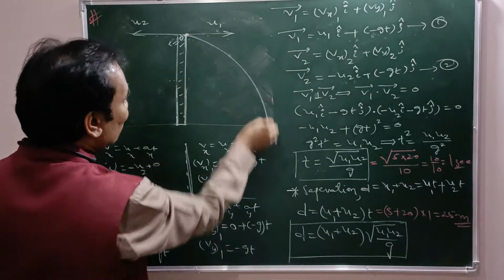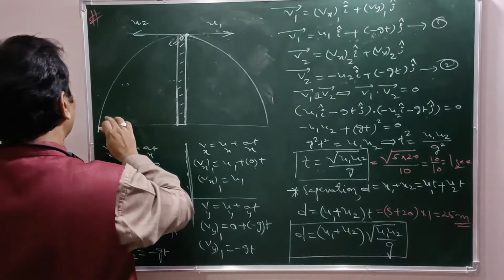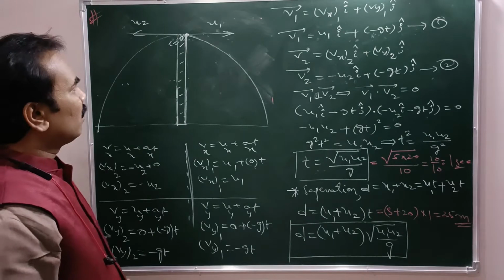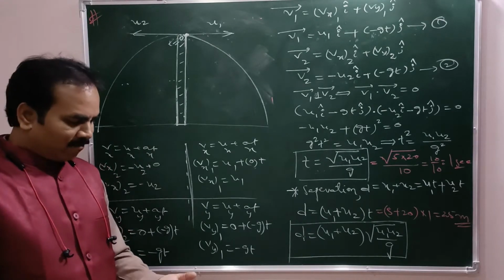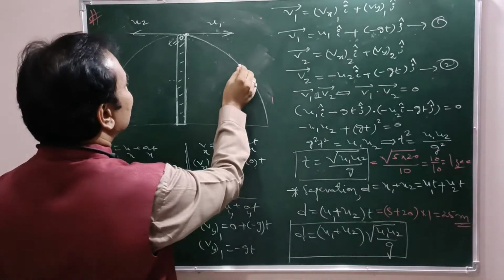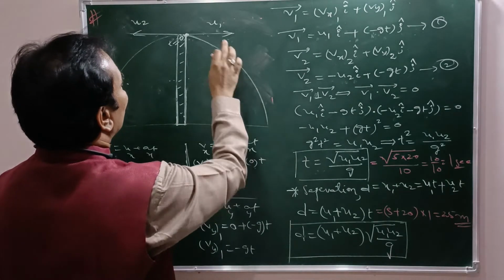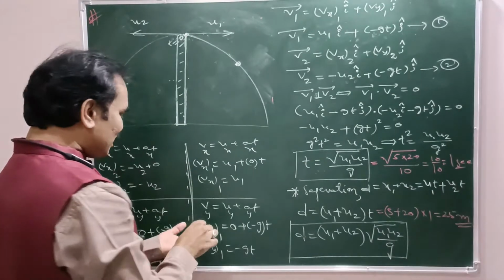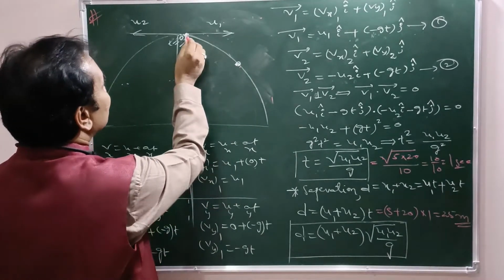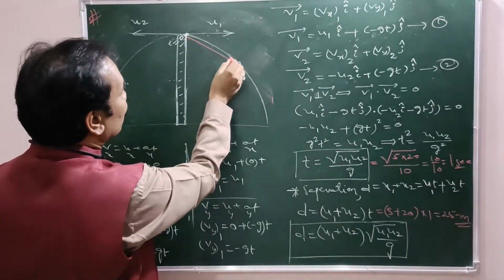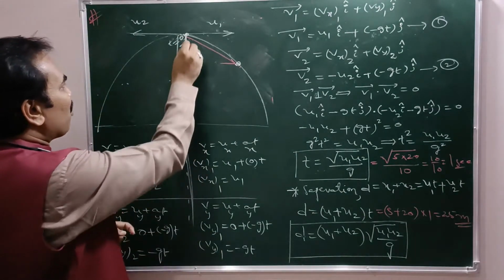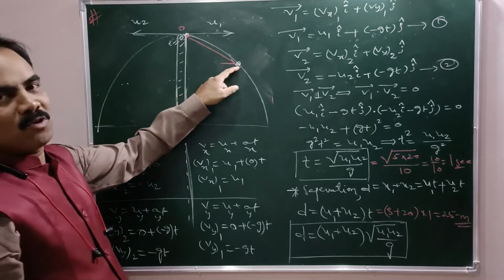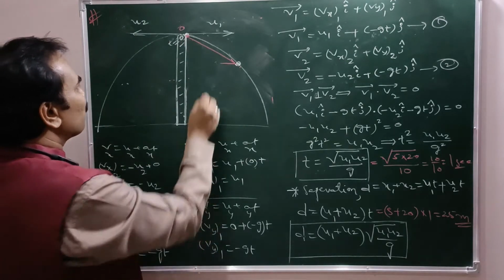These are the parabolic paths for both objects. Suppose after some time t, this is the position of the first projectile. What is the displacement on reaching here? This is the displacement, because a line segment drawn from the point of projection O up to the given position is the displacement vector. See, this is S1.